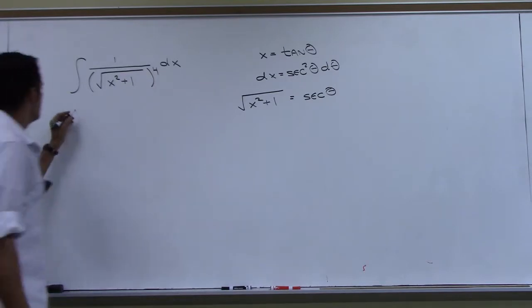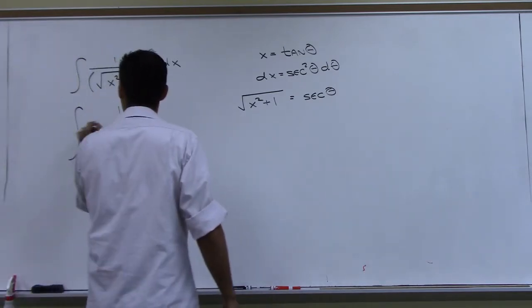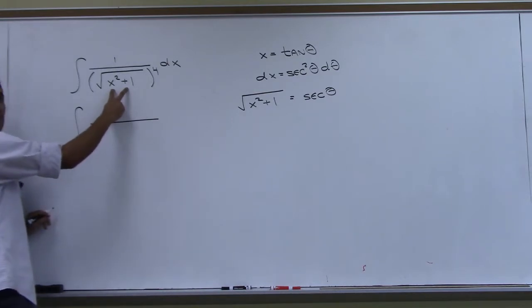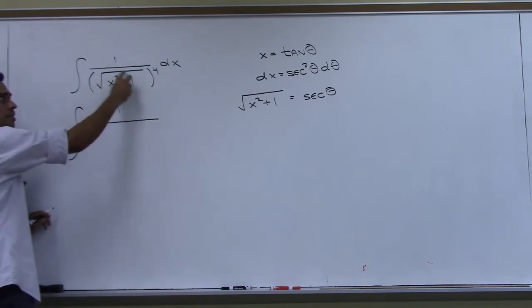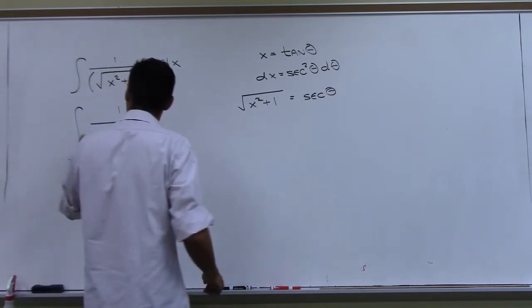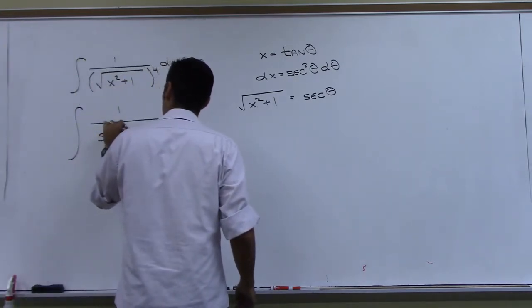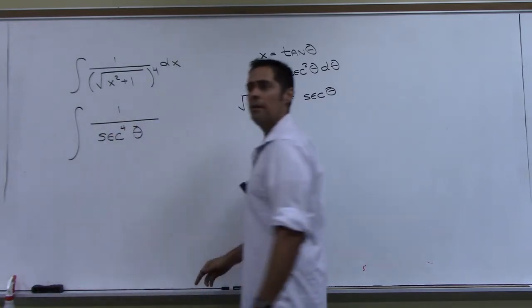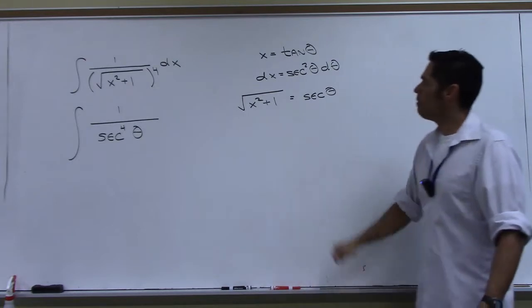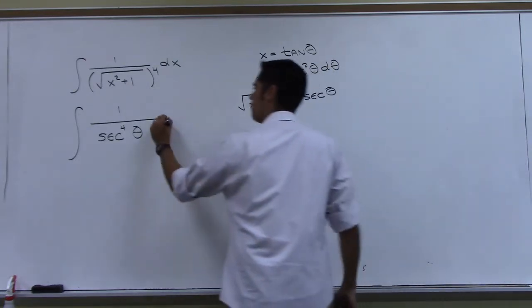So let's rewrite this. Integral 1 over. Now this square root right here is secant theta, but then raised to the 4th power. Secant to the 4th theta. Agreed? What's dx? Secant squared theta d theta.